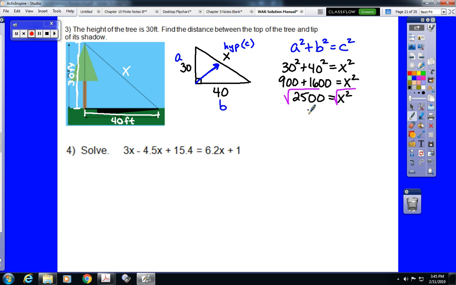Technically, this would imply that x is either positive or negative 50. However, distance cannot be negative. It must be positive. So even though there are algebraically two solutions, we would answer with 50 feet.